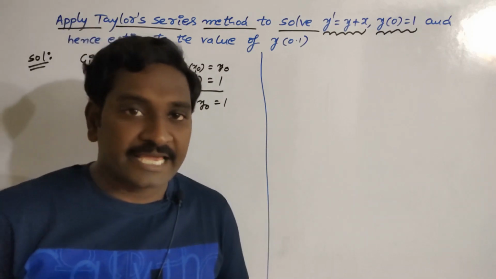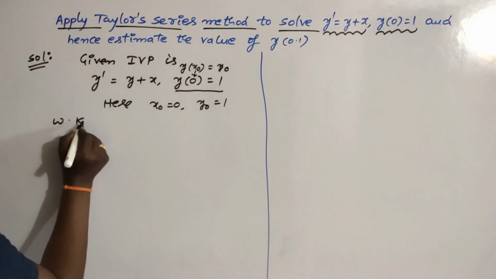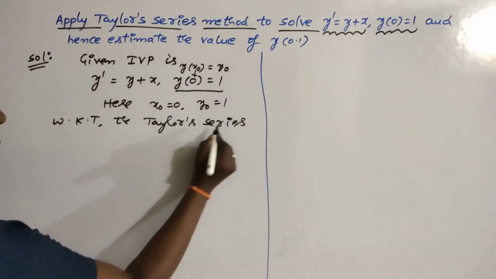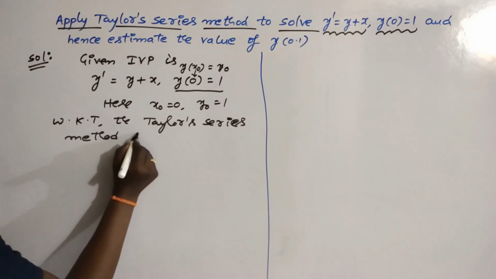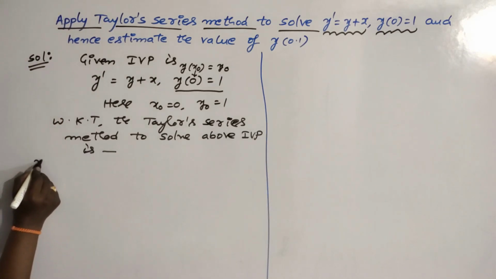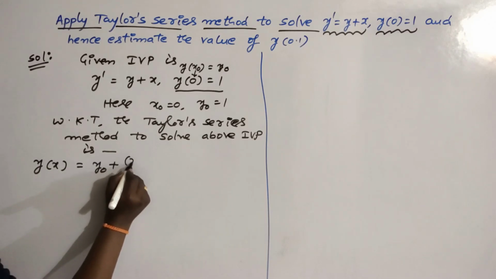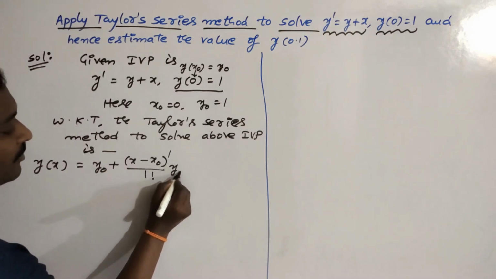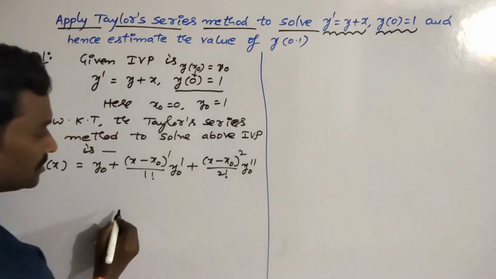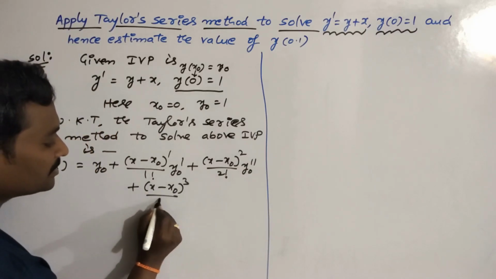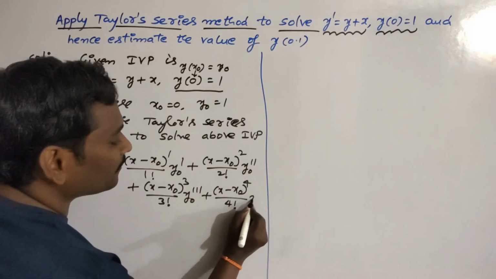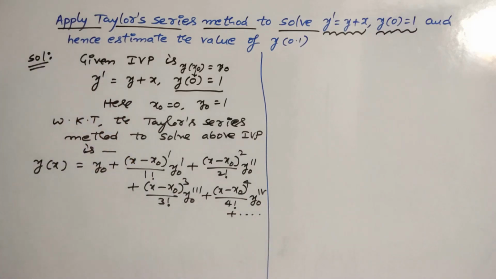First of all I will write the Taylor series method. We know that the Taylor series method to solve the above type of initial value problem is y of x is equal to, very first term is y naught, plus x minus x naught whole power 1 by 1 factorial into y naught dash, plus x minus x naught whole square by 2 factorial into y naught double dash, plus x minus x naught whole cube by 3 factorial into y naught triple dash, plus x minus x naught whole power 4 by 4 factorial into y naught fourth derivative, and so on, up to infinite number of terms.